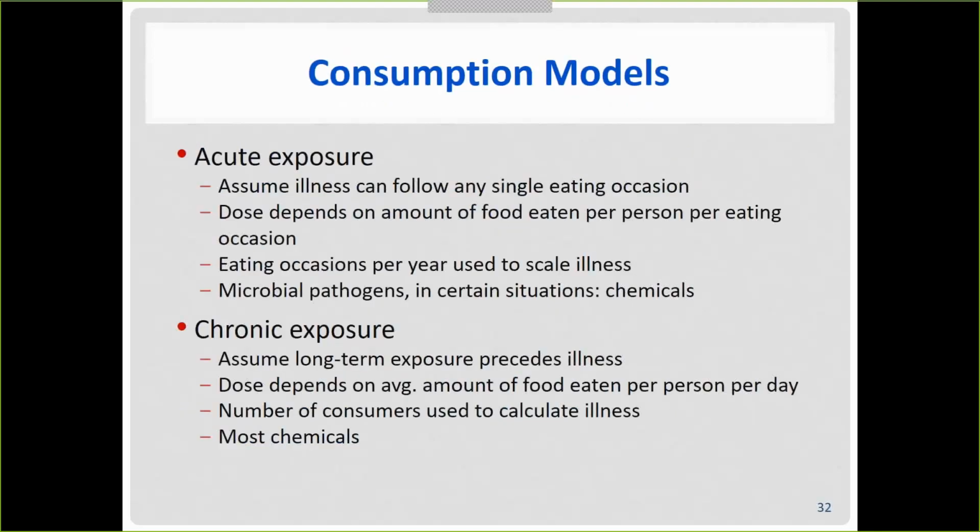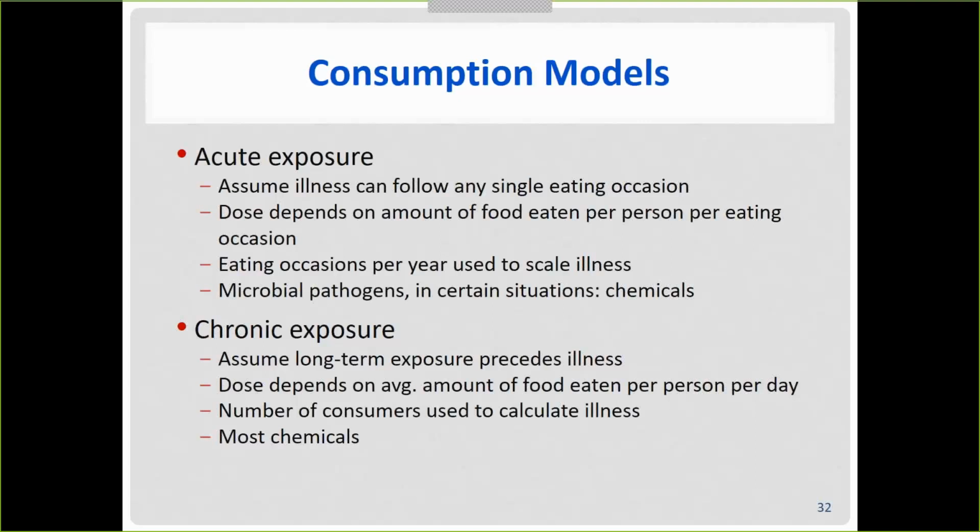Another new feature I want to talk about is particularly useful in dealing with consumption data. For both acute exposure and chronic exposure, the food consumption amount may vary from eating occasion to eating occasion or from person to person. Typically, a distribution is used to represent variability in the consumption amount.